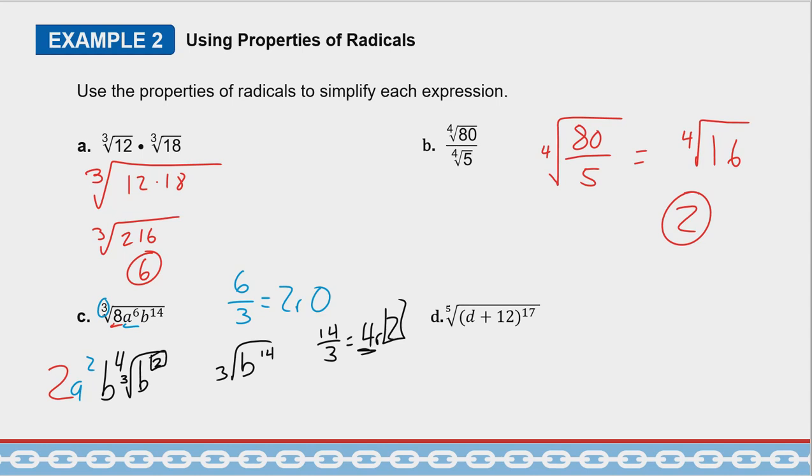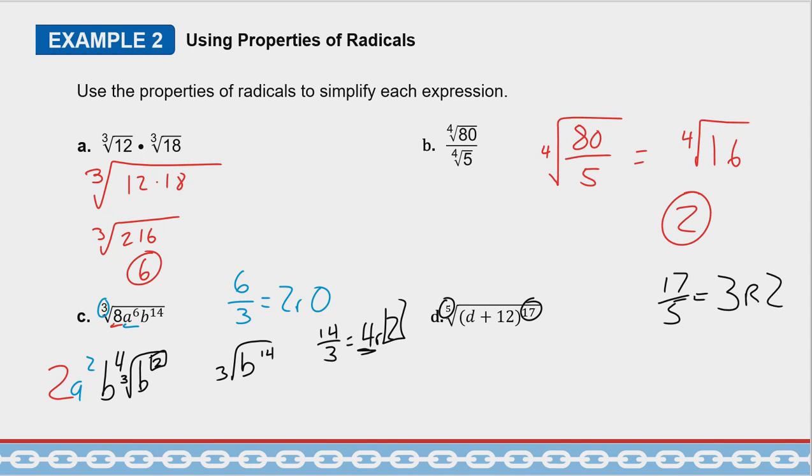Now, for part D, looks pretty intimidating. We have the 5th root of d plus 12 to the 17th power. All I'm asking you to do is apply the properties with these exponents. So you're going to take 17 over 5. 17 divided by 5 is 3, remainder 2.